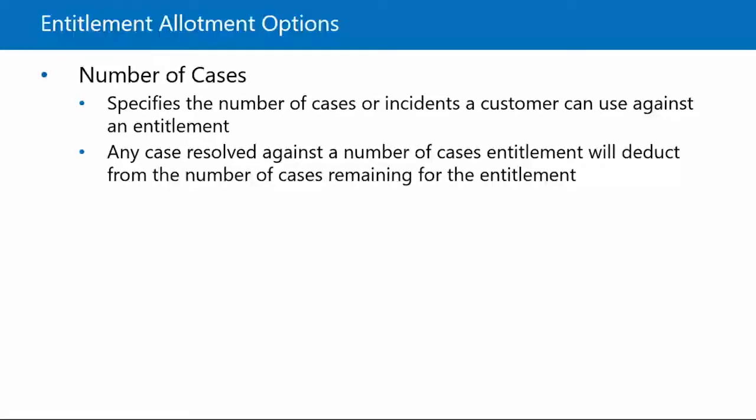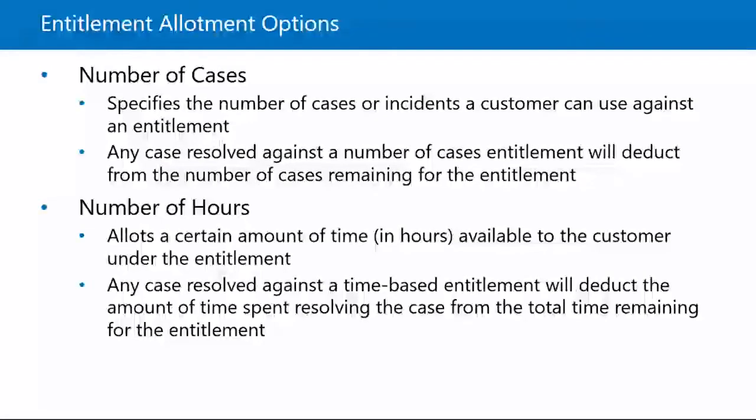The second type of allotment option is time or number of hours. With this allotment option, when created, it allots a certain number of time or hours available to the customer under the entitlement. Any case resolved against a time-based entitlement will deduct the amount of time spent resolving the case from the total time remaining for the entitlement.